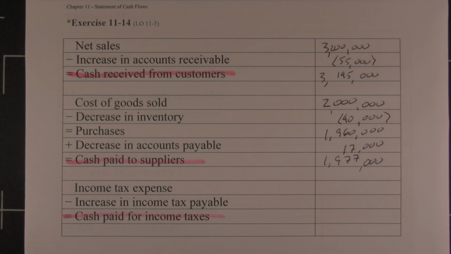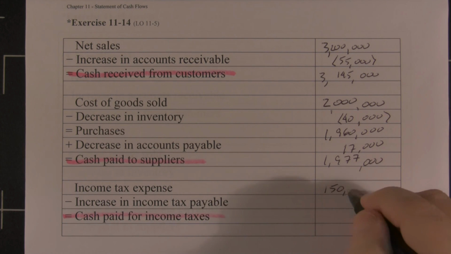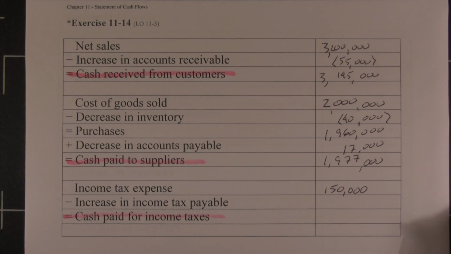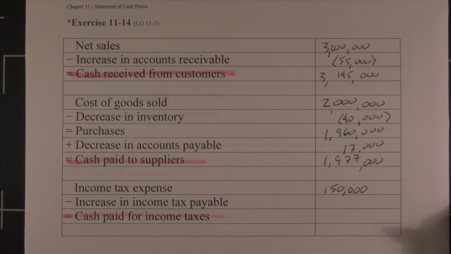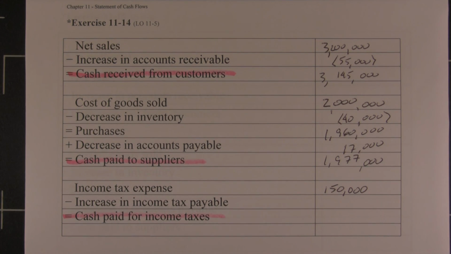And last but not least is income tax expense. And they tell us that our income tax expense for the year was $150,000. And one of the things you're going to learn in business is that you don't have to pay all of your taxes every year. Sometimes you can carry them forward, sometimes you can carry them backwards. It's not all that odd in business. You and I are people, we're used to April 15, send them a check.